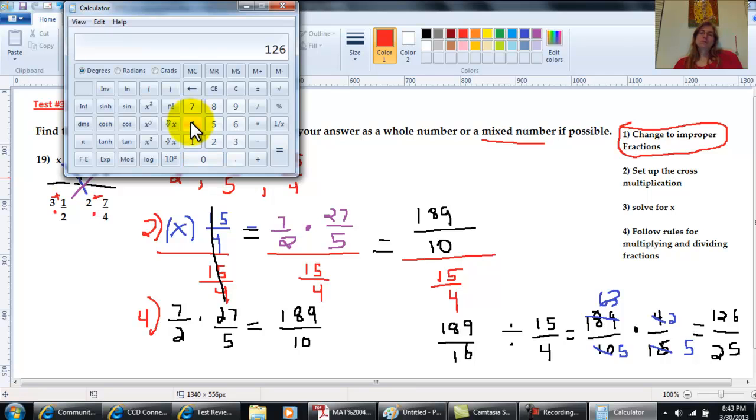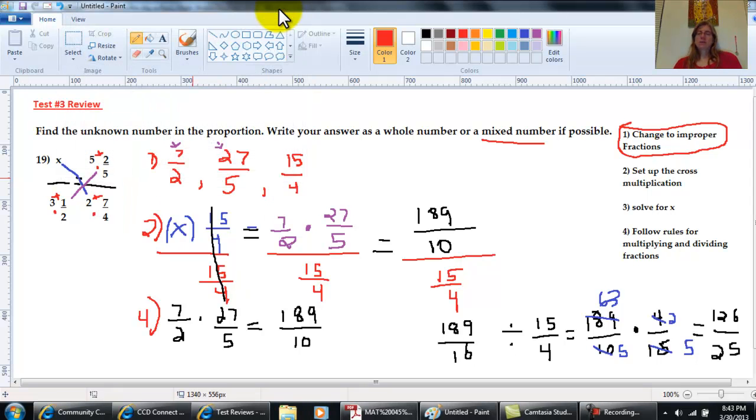So let's do 126 divided by 25. It goes about 5 times. So let's do our little math here. 25 into 126, according to our calculator, we could go 5 times. 5 times 25 is 125, I believe.